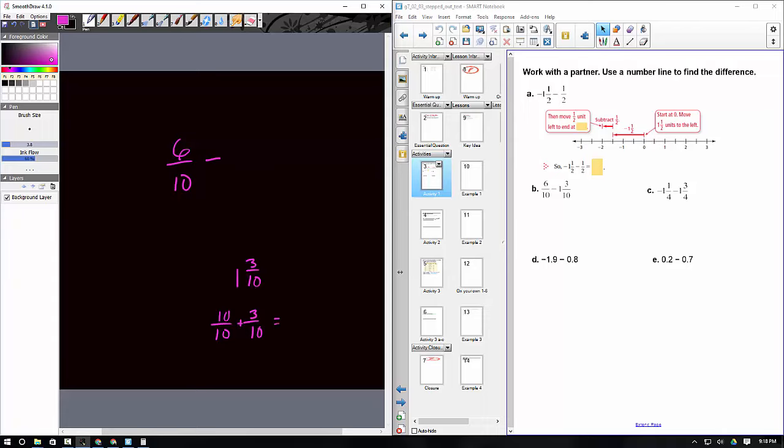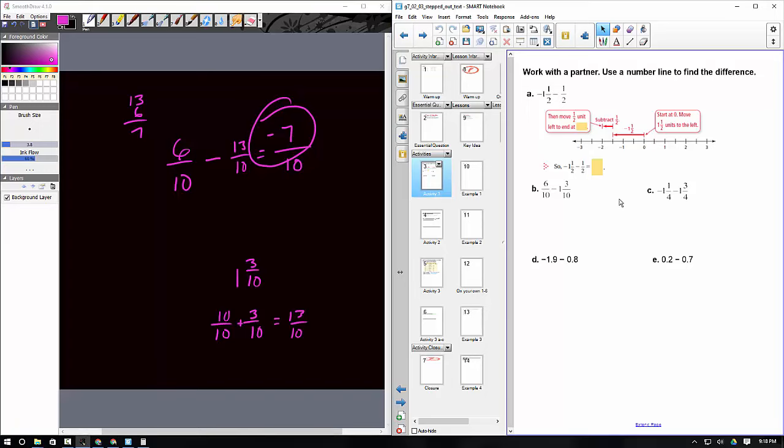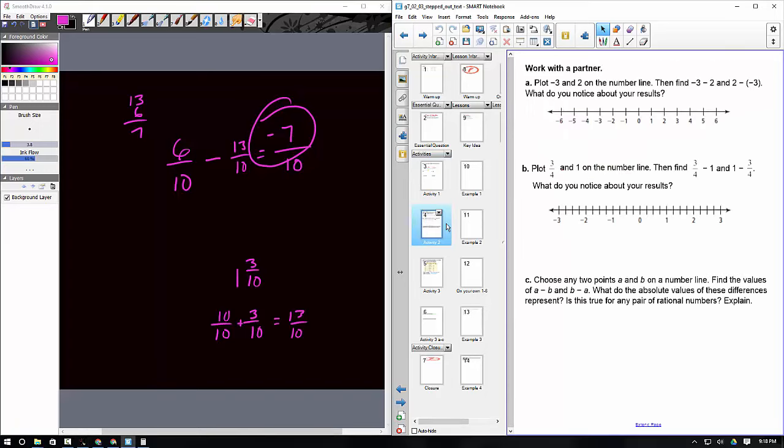Altogether that equals 13/10. I'm doing that because it's a little bit easier. Now I can go through here, I know my denominator is tenths, and I could take 13 and 6, the absolute value of them. 13 is definitely larger than 6, but it's a negative answer, right? So I'm going to put a negative sign down, and then 13 minus 6 is going to be 7. So I have negative 7/10 is my answer. And we do that for all of these, same kind of steps.